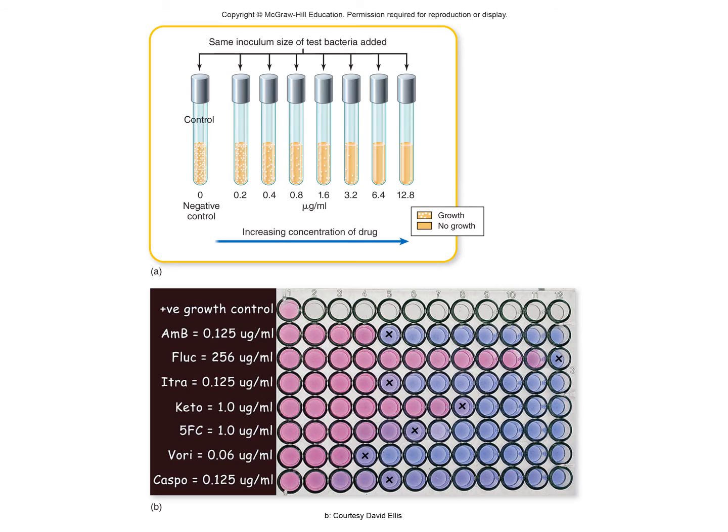If you look at the bottom, it's showing you the negative control at the top, okay? And then it's showing you different particular drugs, these are actually antifungals: fluconazole, itraconazole, ketoconazole, voriconazole, caspofungin, all these different ones. Amphotericin B is the one under the negative control. I think 5-fluorocytosine, 5-FC, I forget.